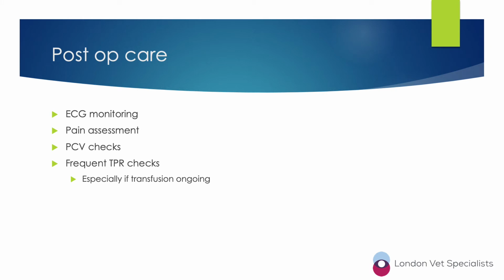So for post-op care, alongside your normal pain assessments and TPR checks, you may want to continue with ECG monitoring, particularly if there have been arrhythmias in surgery, and keep an eye on the PCV at least a couple of times in the first 12 hours just to make sure that we have achieved hemostasis, bearing in mind that we're expecting the PCV to drop as the blood volume returns to normal with crystalloid support.